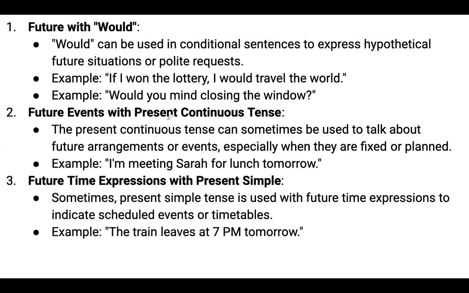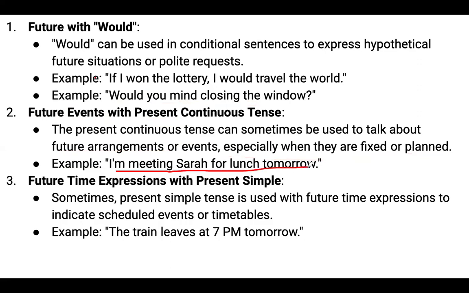So, we also use future events with the present continuous tense. How? The present continuous tense can sometimes be used to talk about future arrangements or events, especially when they are fixed or planned. Let's say, if I give an example, I'm meeting Sarah for lunch.